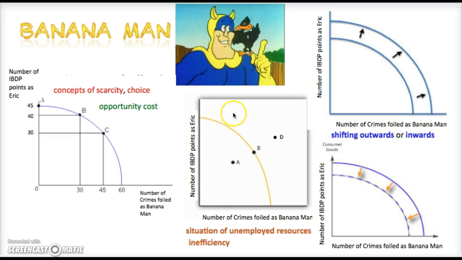Okay, so then I'll move on to this diagram, and I'm going to say, okay, so we've still got Banana Man, Eric. So at point A, Eric's a teenager. He's feeling a bit lazy, so he's staying in bed. He's not going to school or studying to get his IB points up, and he's not using some of his resources to foil crime.